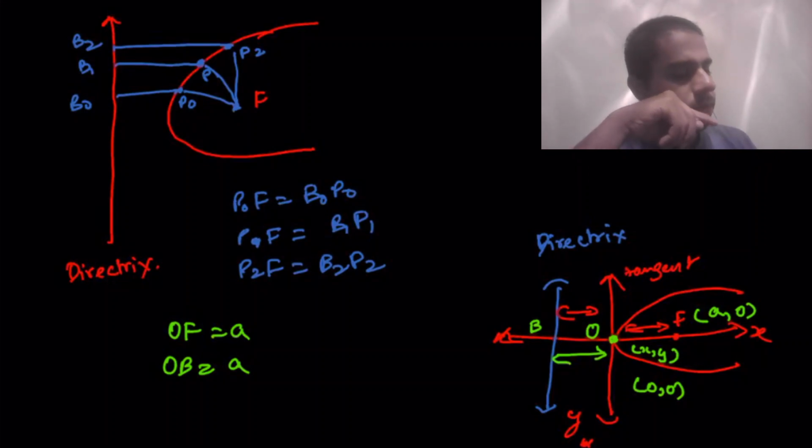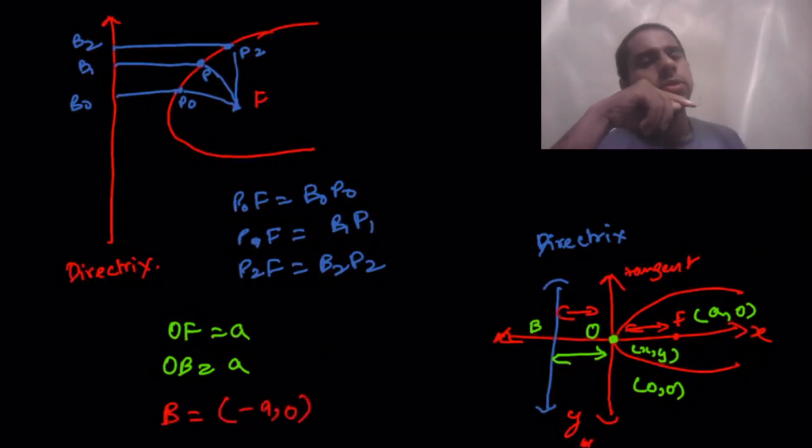Now, since the distance of the directrix from the vertex is also a, the B point is nothing but minus a comma 0, right? So this is basically the definition of parabola, which is very simple. The locus of the points which are equidistant from a fixed point and a fixed line gives you a parabola.